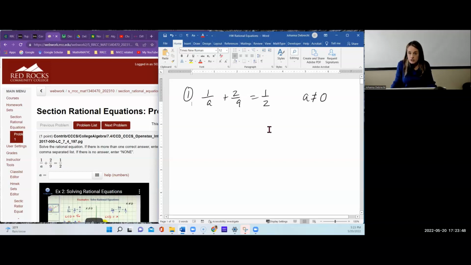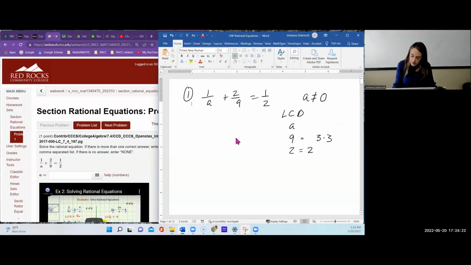To get rid of the fractions, we look for the lowest common denominator. We have 3 small denominators, a by itself, 9 by itself, and 2 by itself. Over here, we're going to make a list of the denominators in order to build the lowest common denominator. 2, of course, is equal to 2 times 1, and 9 is equal to 3 times 3, which I've moved out to the side of the 2.